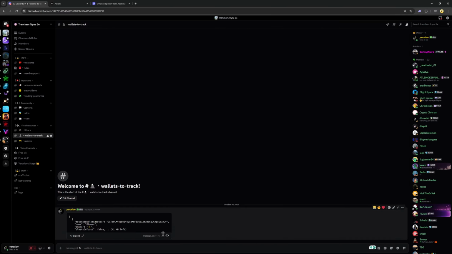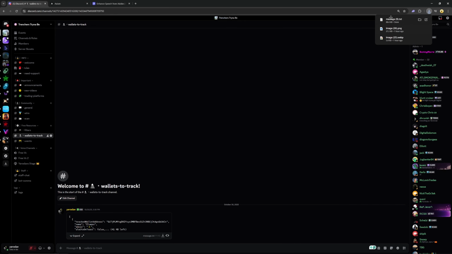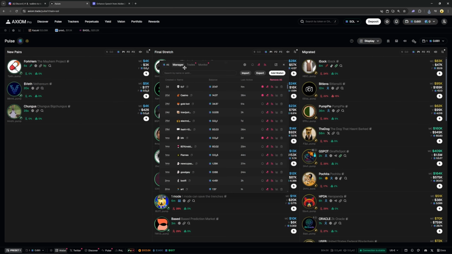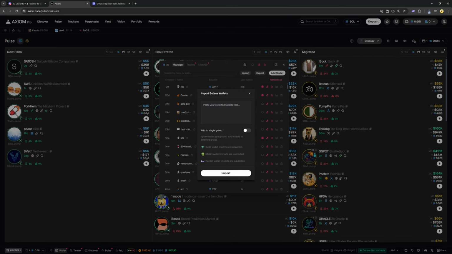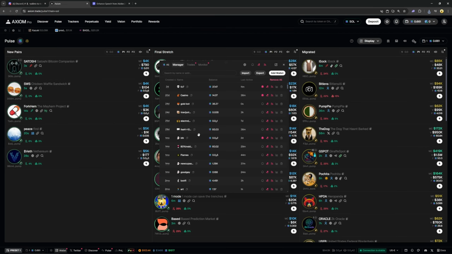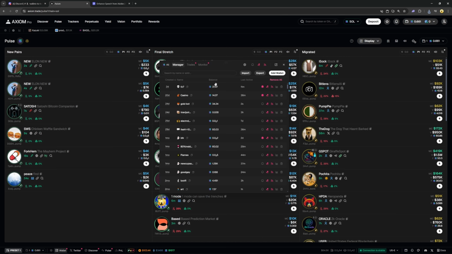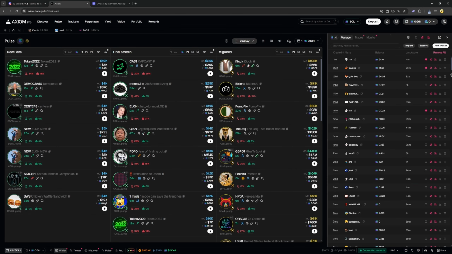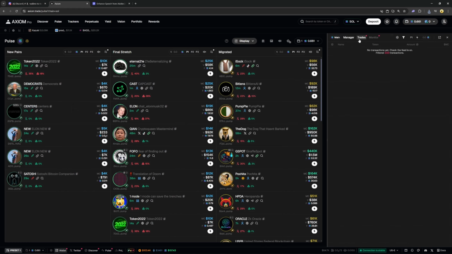You're gonna download this message I have over here, open it up, copy the contents, then go to your wallet tracker, click on manager, click on import and paste in everything you just downloaded. Now you're gonna have all of these wallets, all of the top traders and KOLs to track. You can put it to the other side; I like to have it on the right side.